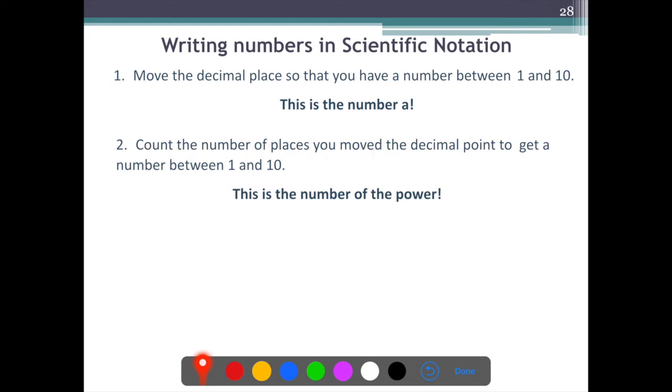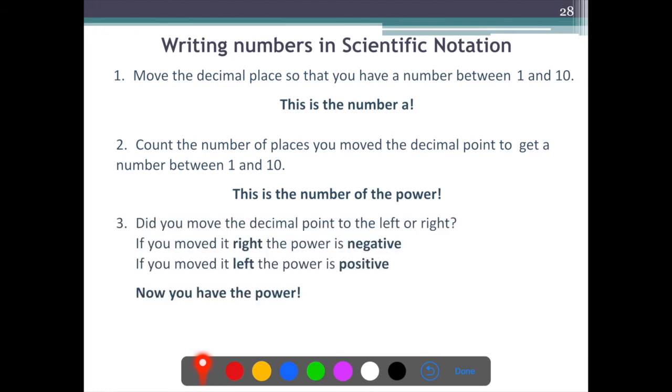The number of places that you moved will give you the power in the scientific notation. If you moved the decimal point to the right, then the power is negative. If you move the decimal point to the left, then the power is positive.